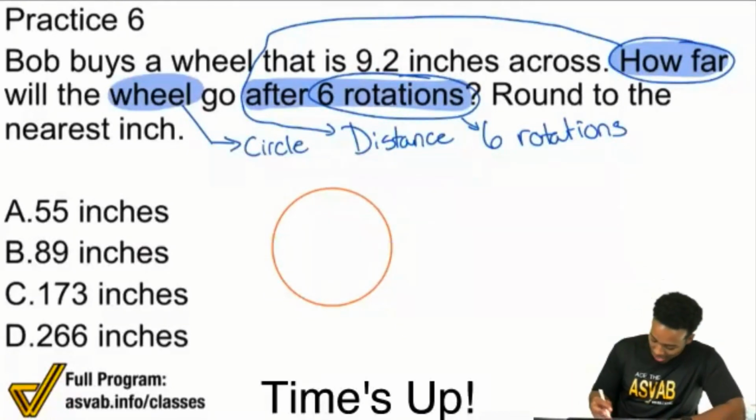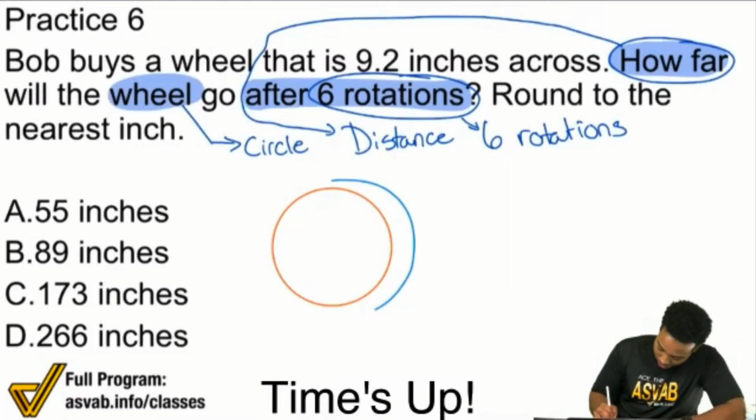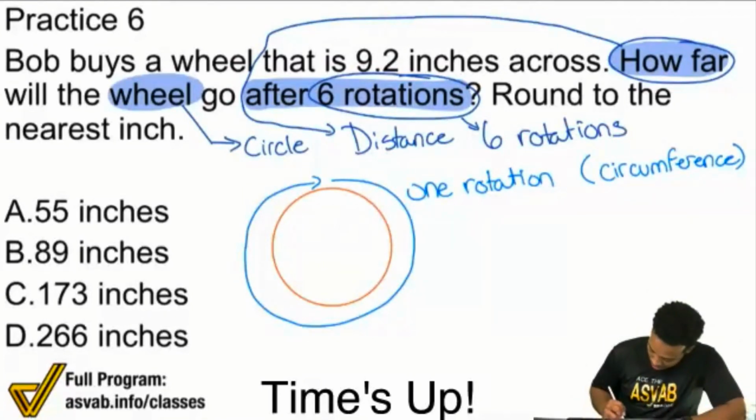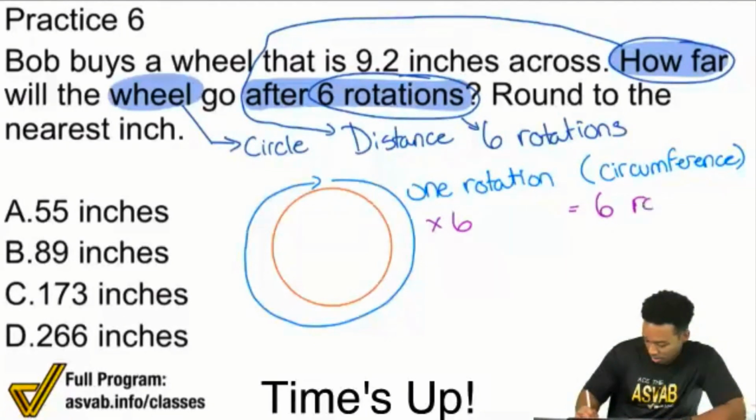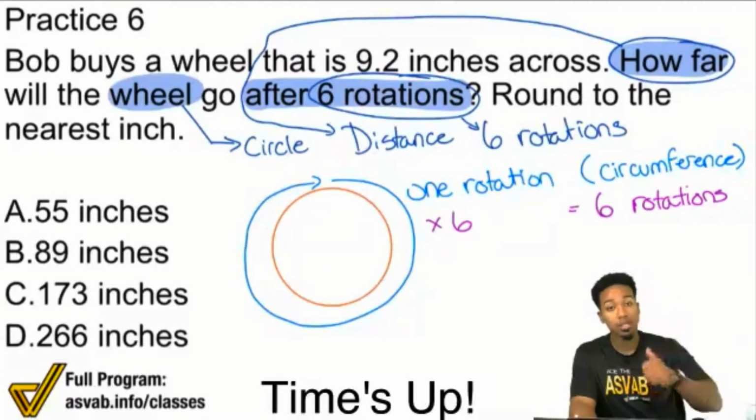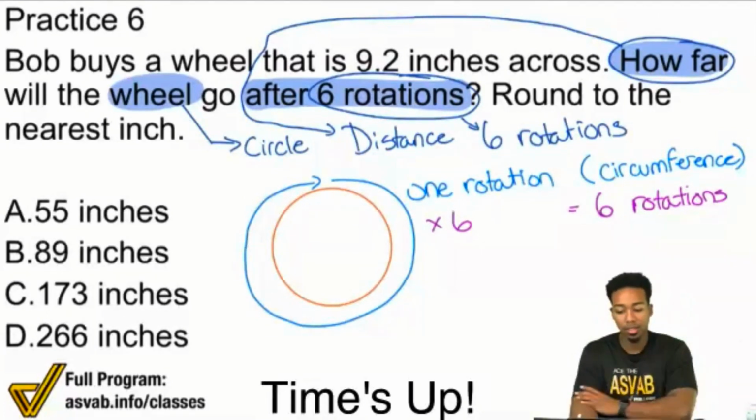And so what you would see here is, okay, find one rotation, which is again the circumference, and then times 6 for 6 rotations. So does our plan make sense, everybody? Find the circumference, then multiply it by 6 to get the answer.